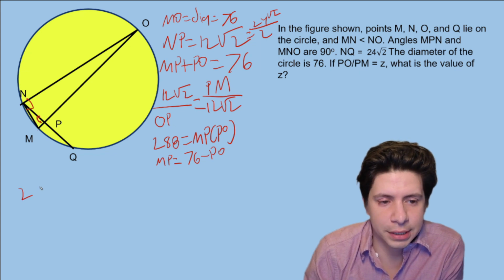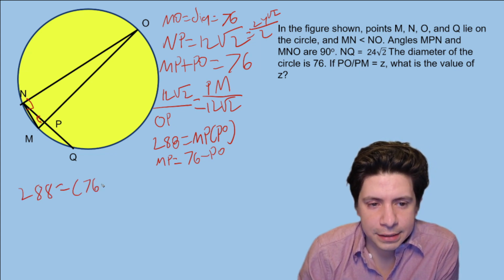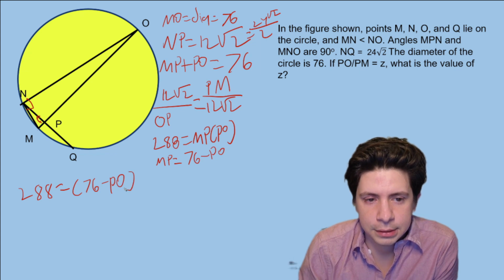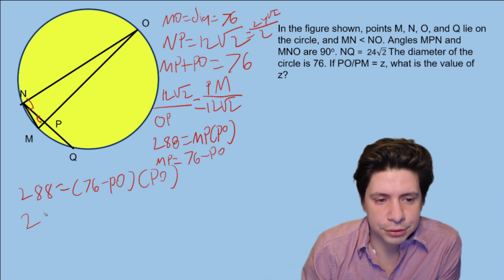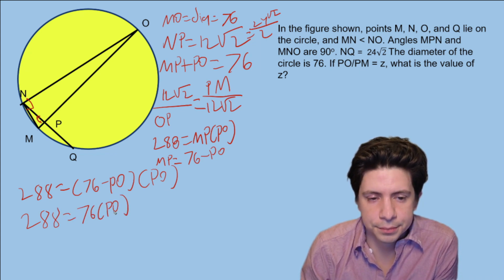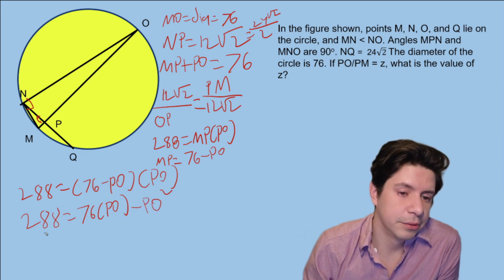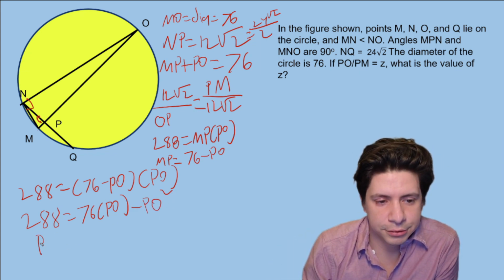So we're going to have 288 equals 76 minus PO times PO. That's going to give us 288 equals 76 PO minus PO squared. And then we're going to subtract it, so we're going to get PO squared.